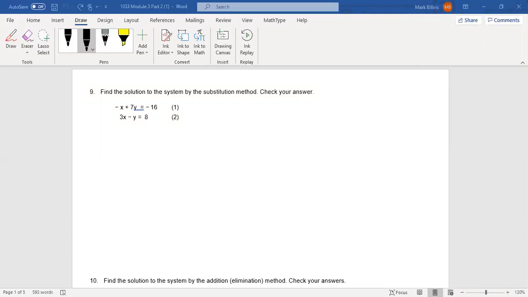I'm going to solve for x in the first equation. So in the first equation, we have negative 1x plus 7y equals negative 16. So I'm solving for x. So I'm going to subtract 7y from both sides.